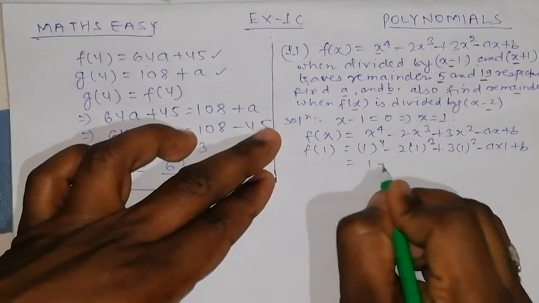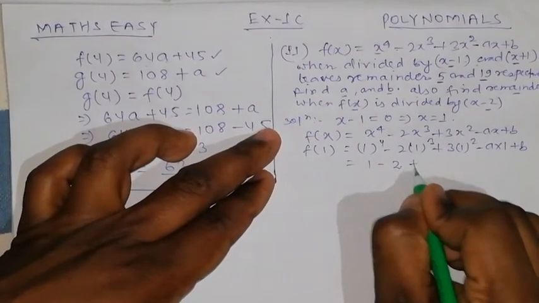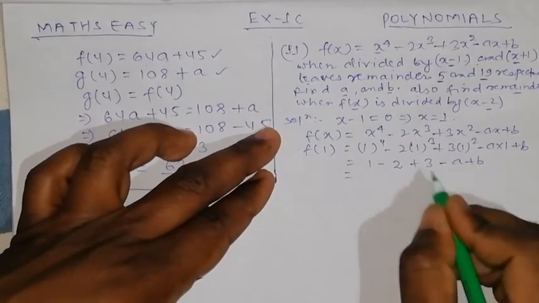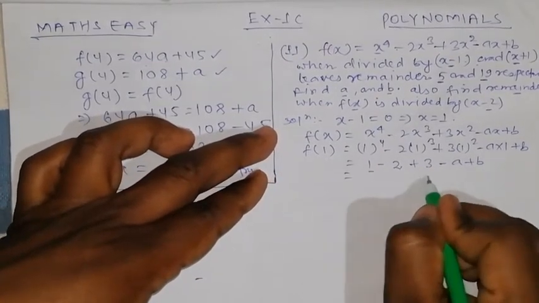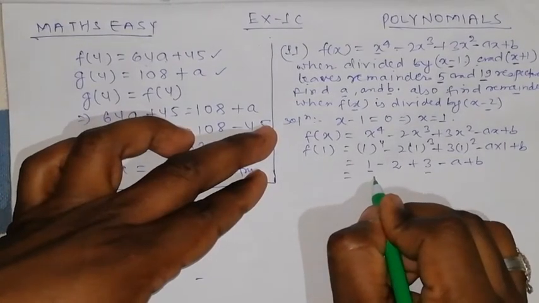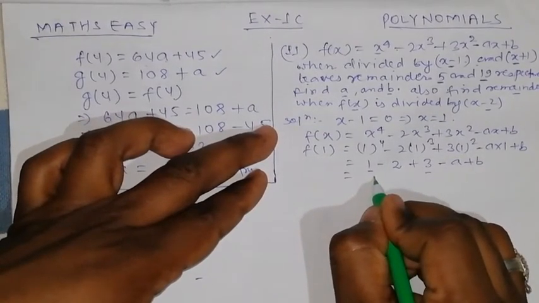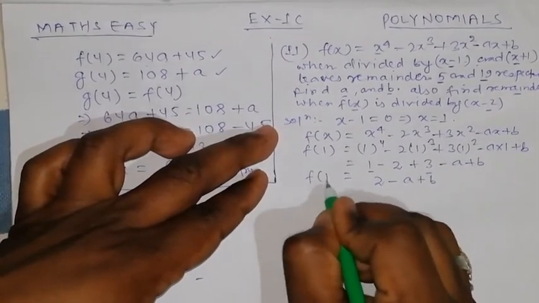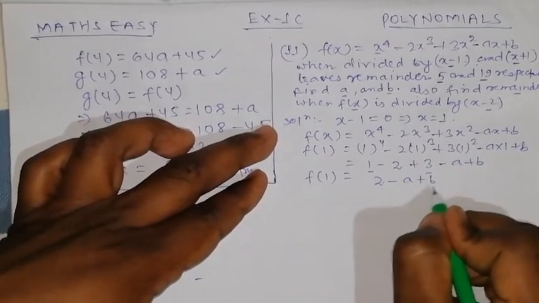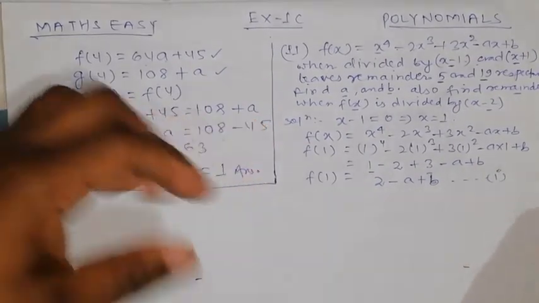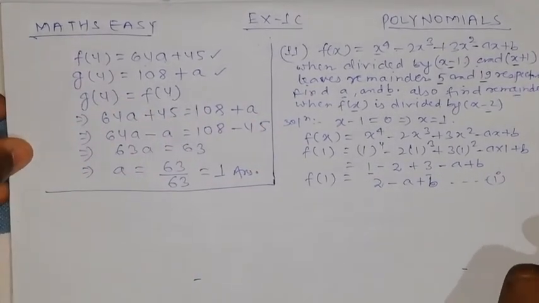It gives 1 - 2 + 3 - a + b. 1 and 3 is 4, 4 minus 2 is 2, so 2 - a + b. That is f(1) = 2 - a + b. This is our first equation.